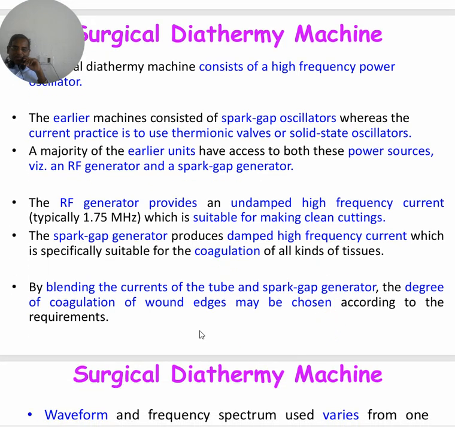By blending the currents of the tube and the spark gap generator, the degree of coagulation of wound edges may be chosen according to the requirements.